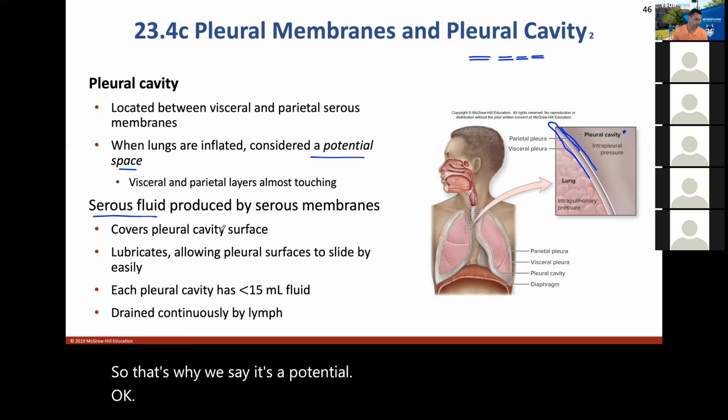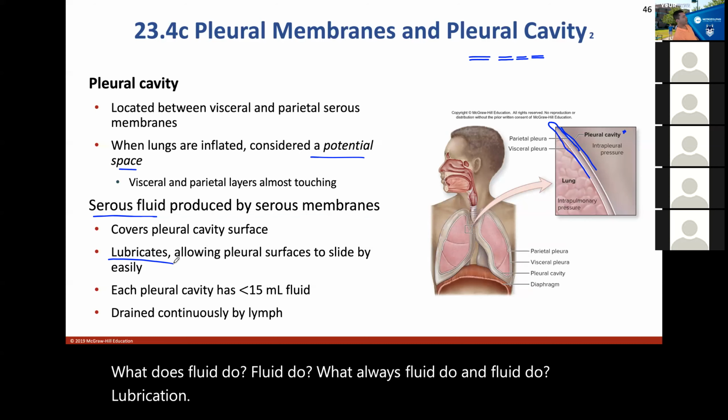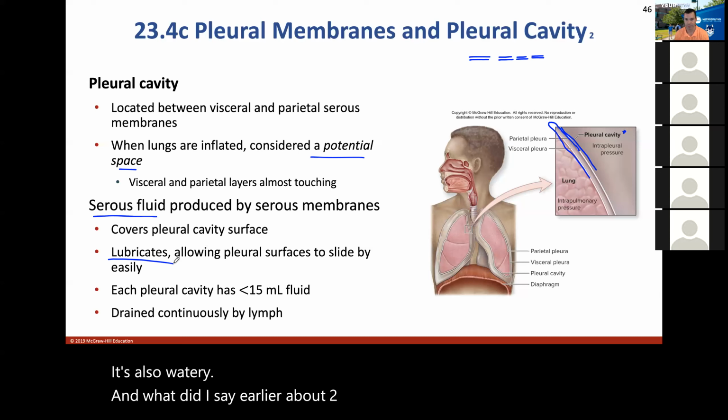What does fluid do? Lubrication. It helps to make breathing easier. That's what it does. It's also watery. And what did I say earlier about two membranes that are wet? They stick together.